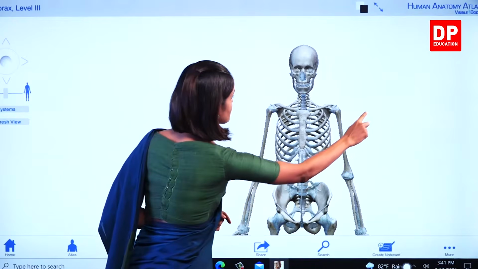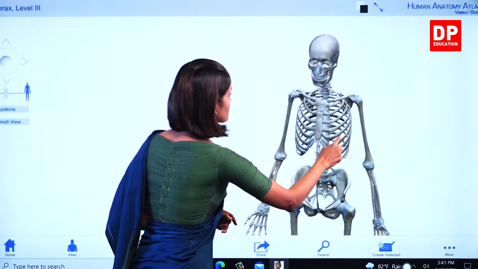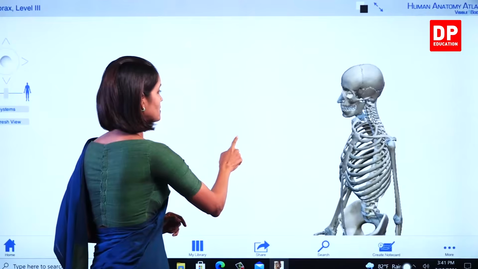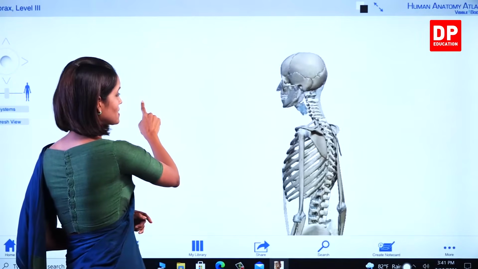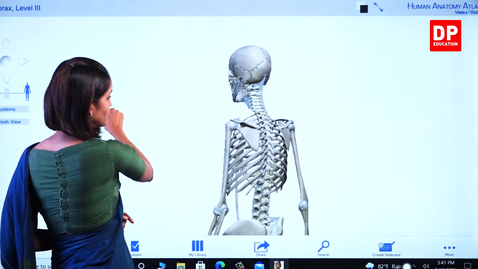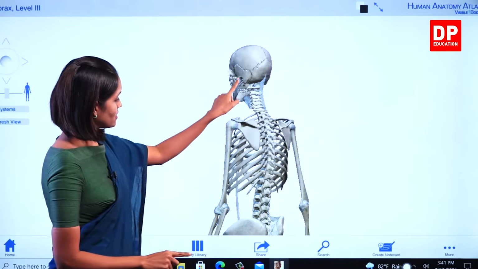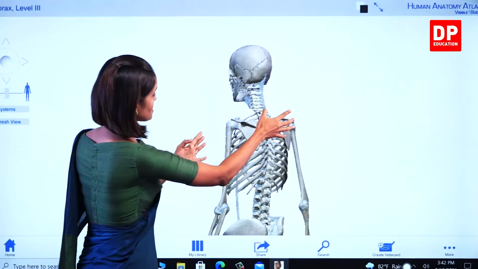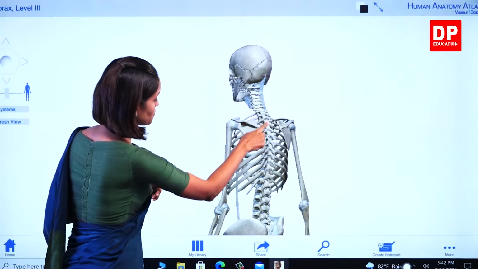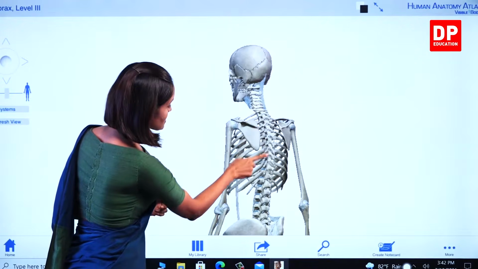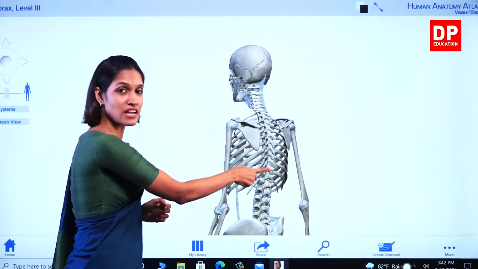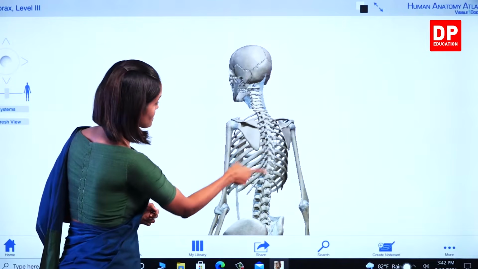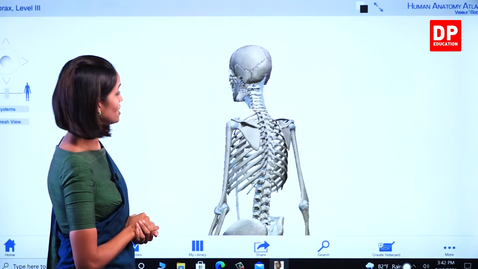I will turn this one like this so you can see clearly. Now look at this one. If you turn this skeleton and take a look, you can see this is the central line of bones, which is known as the backbone or the vertebral column.